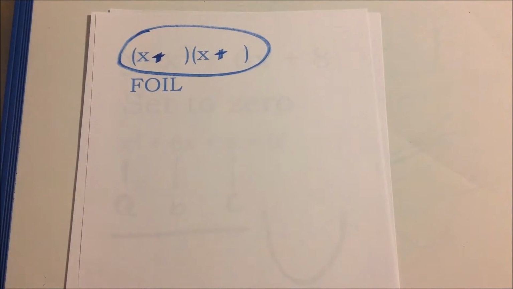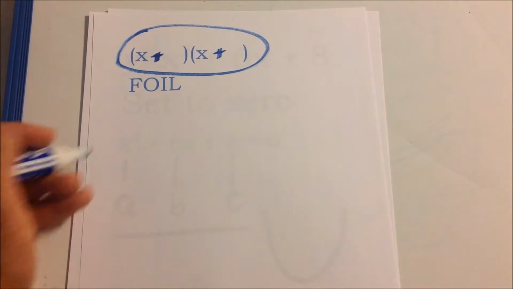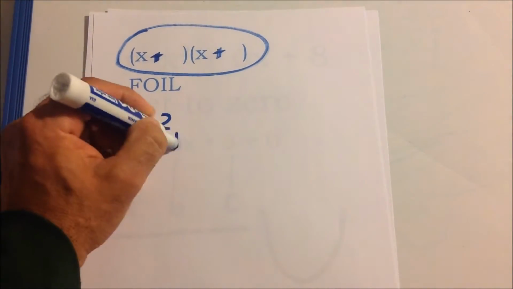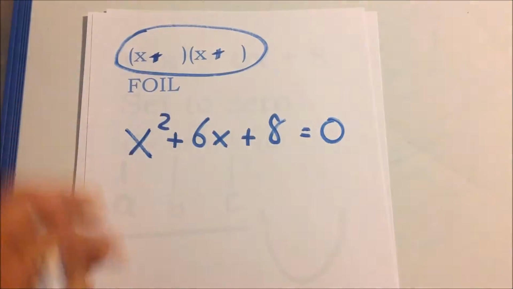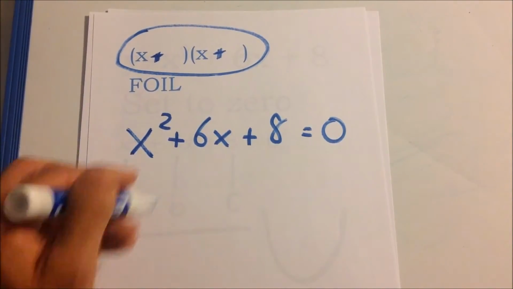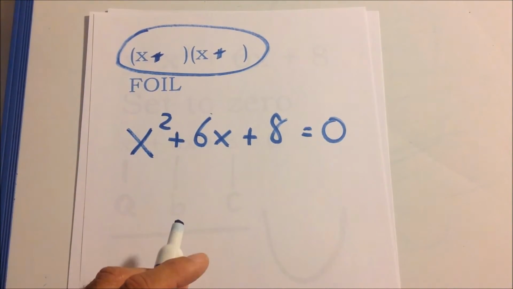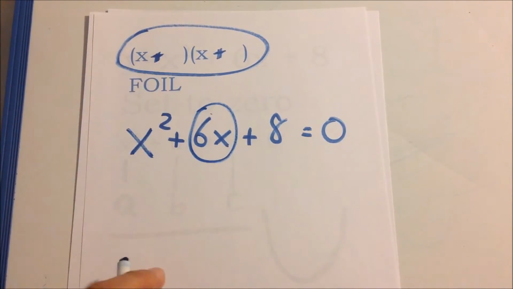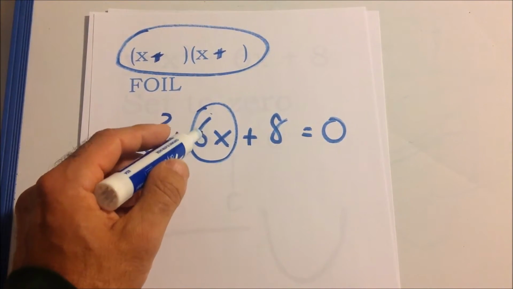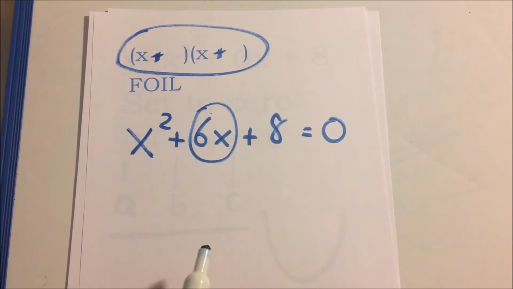So what we need to do now is look at the equation. Let's write the equation again: x squared plus 6x plus 8 equals 0. We're looking at B and C. We want to know what two numbers sum to B, and those same two numbers, when you multiply them, give you the product of 8.